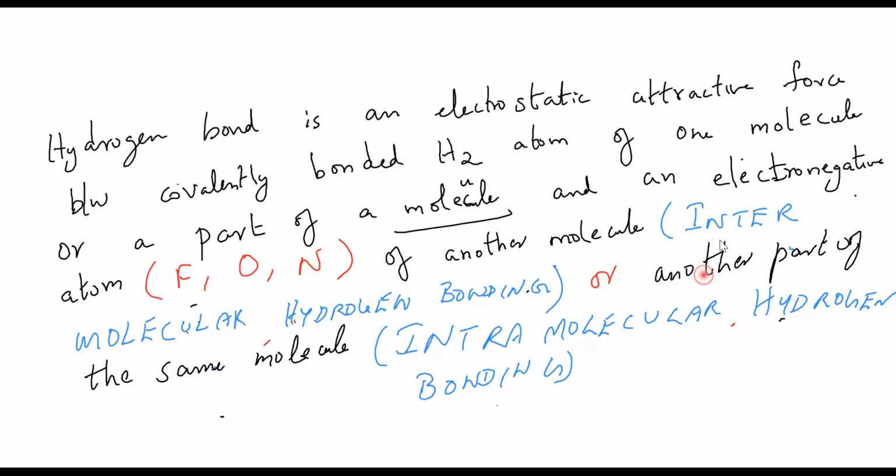Clear? How do we remember this? Same molecule, another part of the same molecule, in the sense, the language, correct? Kannada speaking language. So that is called intramolecular hydrogen bonding. But if it is of a different thing altogether, if it's a different molecule, we'll say intermolecular hydrogen bonding. That is interstate. This is how we have to remember, because in entrance examination there will be objective type questions.